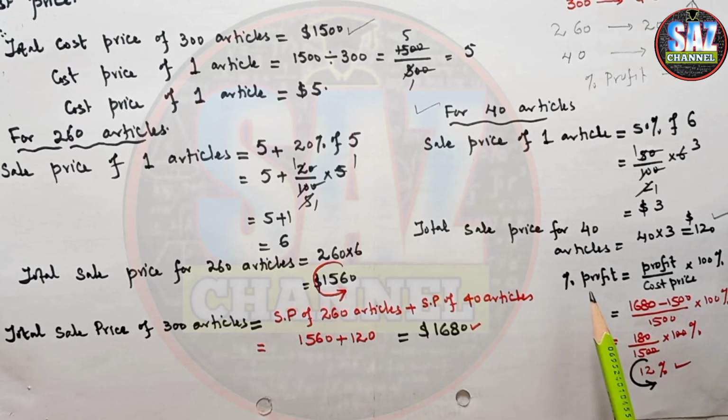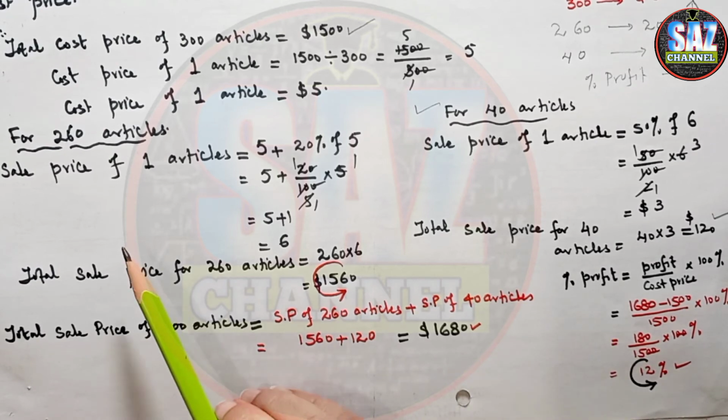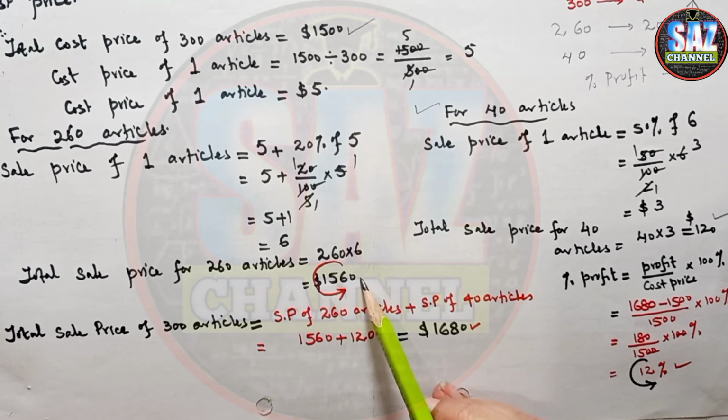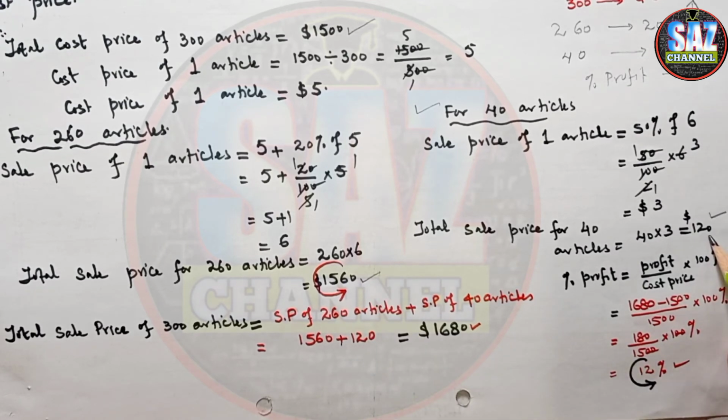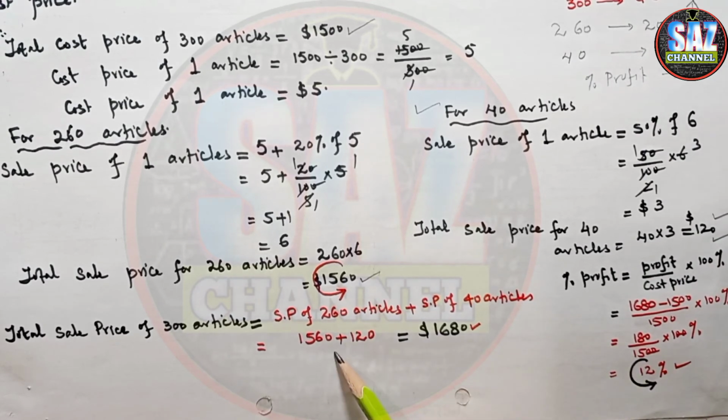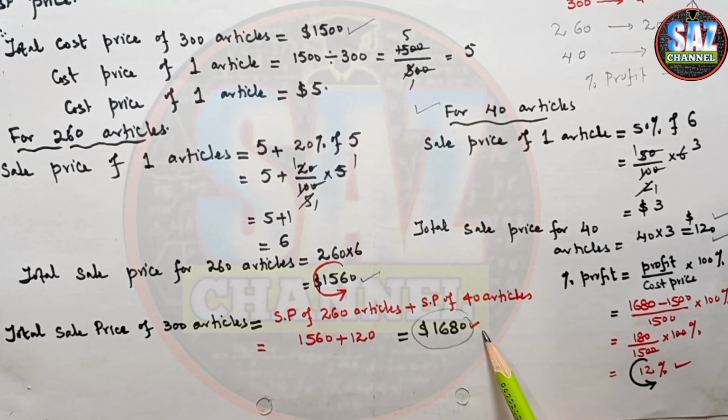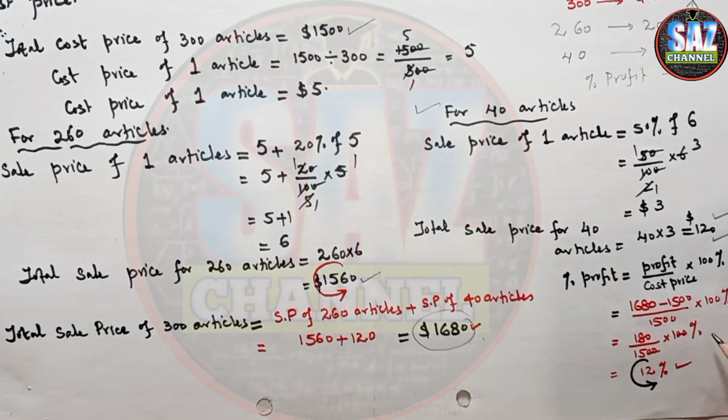So at the end, we found the total sale price of 260 articles, which is 1560, and the sale price of 40 articles, which is 120, and this sum, 1680, is the total sale price of 300 articles. And then we used the formula for the percentage profit equals profit over cost price multiplied by 100%. It's really important to learn the formulas and apply them for a better understanding of your working.